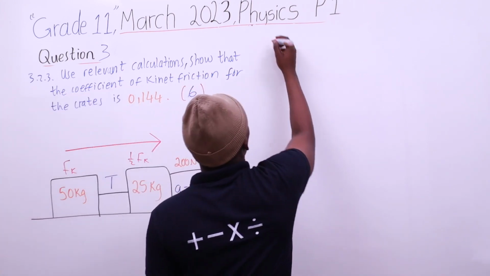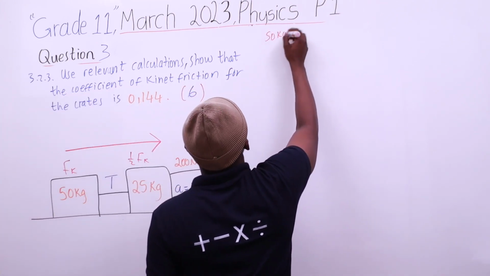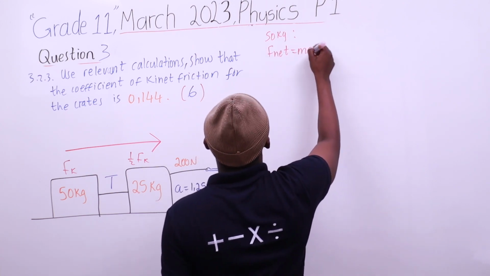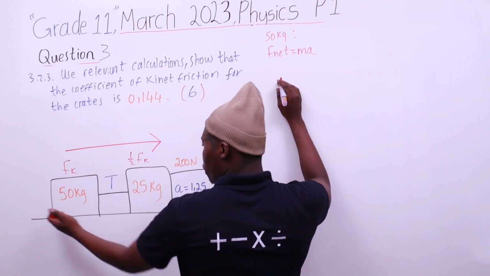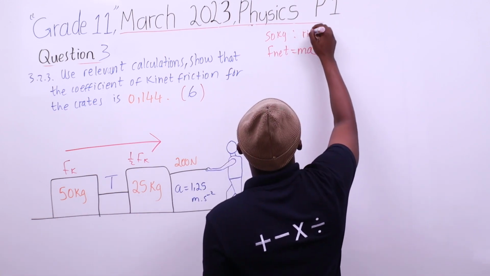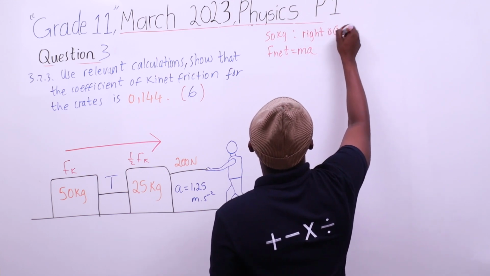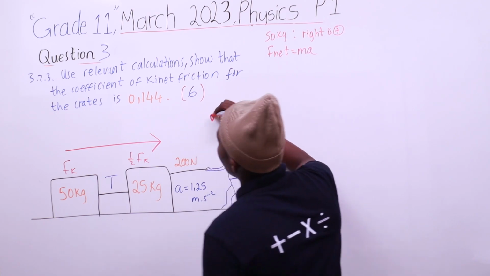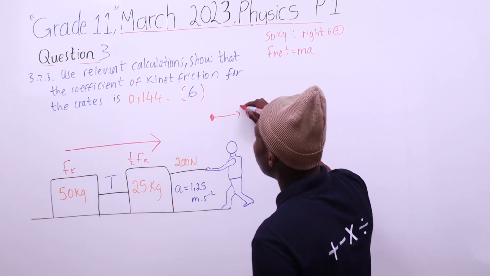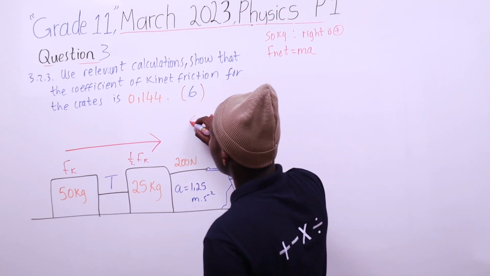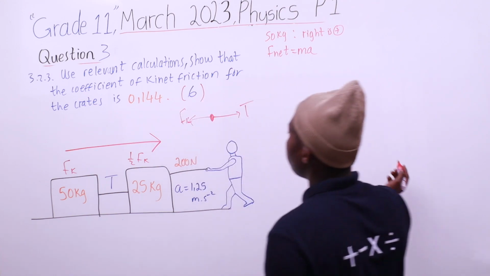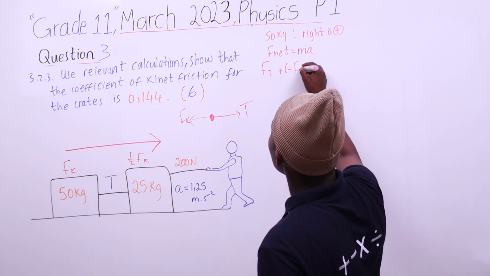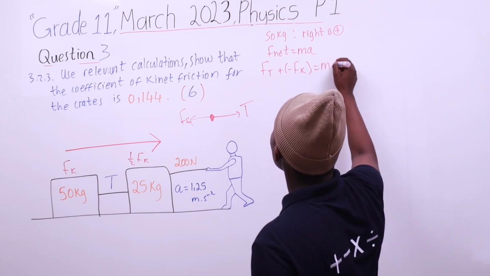So let's just start with the 50 kg. What we know is F net is equal to ma, and let's pick right as positive. Looking at the free body diagram for the 50 kg, we have Ft and Fk. So Ft plus negative Fk is equal to ma.